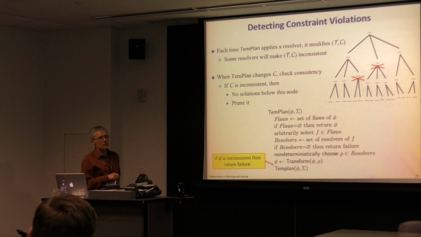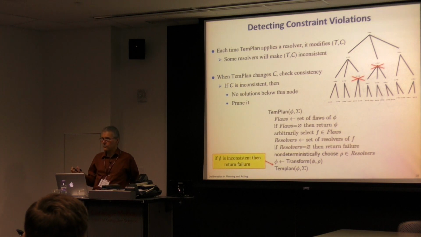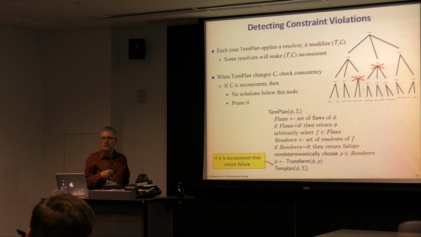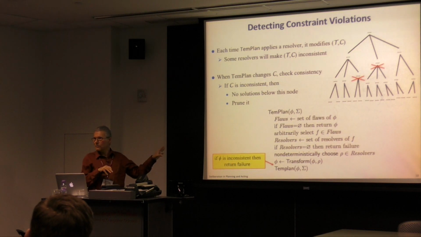Detecting constraint violations, the idea is each time Templan applies a resolver, it modifies the chronicle, and some of the resolvers will make that chronicle inconsistent. Okay? It didn't happen in what I was doing because I was careful about what I was doing, but it can happen.